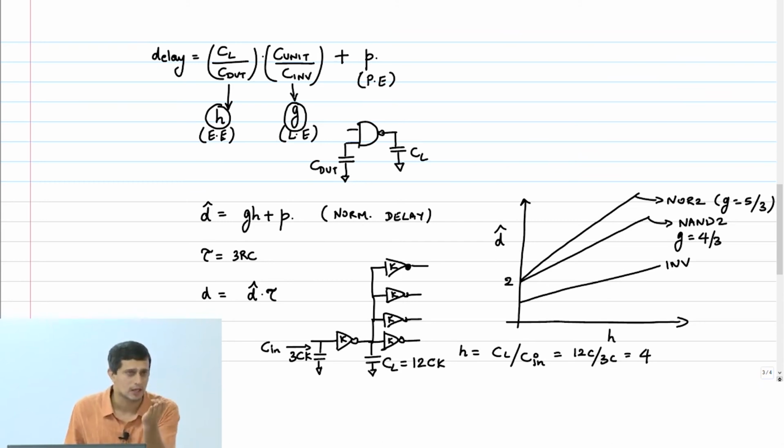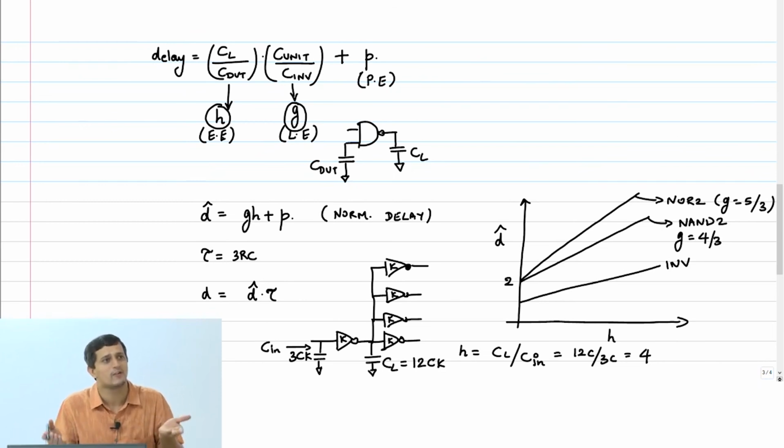So it doesn't matter, if I tell you fan out of 4 delay in a technology, what the size of the inverter was. You understand, the fan out of 4 delay is the same whether you did it for a unit inverter or for an upsized inverter or for an inverter with higher drive strength, because the delay comes out to be the same.